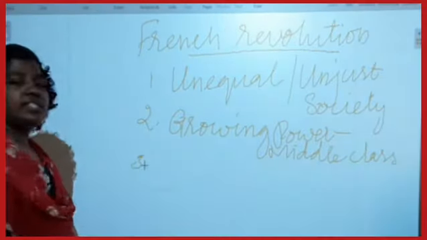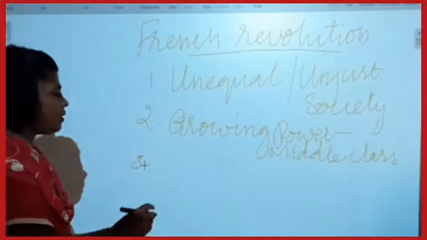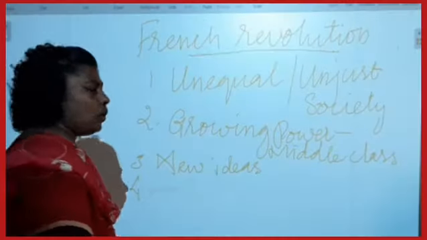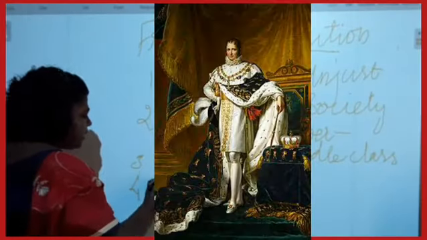The third reason for the French Revolution was the influence of new ideas of philosophers. And the fourth point is autocratic rule.